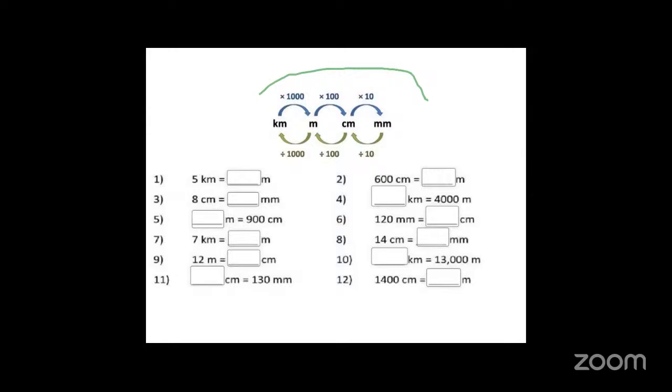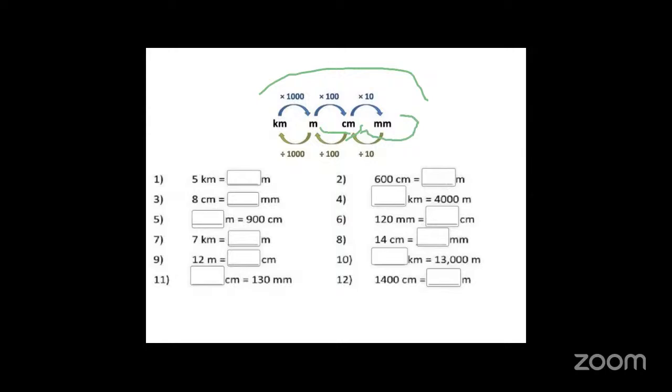If I'm to move from meter to centimeter, I will multiply by 100. If I'm to move from centimeter to millimeter, I'm to multiply by 10. Now, the reverse is the case.